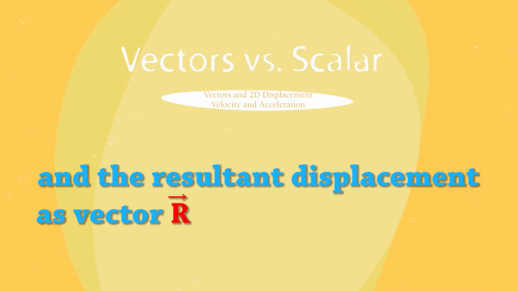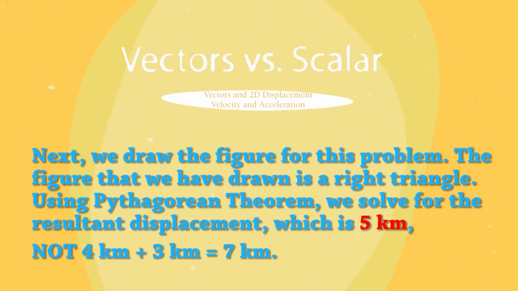Next, we draw the figure for this problem. The figure that we have drawn is a right triangle. Yes, it's a right triangle, and if we have right triangles, then what can we use? Yes, we can use the Pythagorean theorem. We could use this to solve for the resultant displacement, which is 5 kilometers, not 4 kilometers plus 3 kilometers equals 7 kilometers.